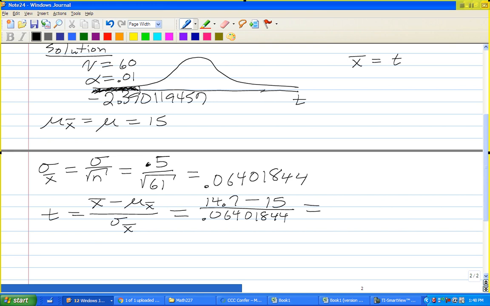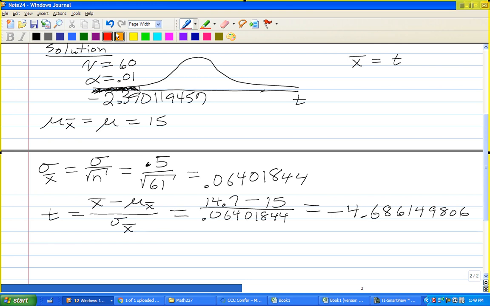Plugging that into your calculator, you get negative 4.6869806.